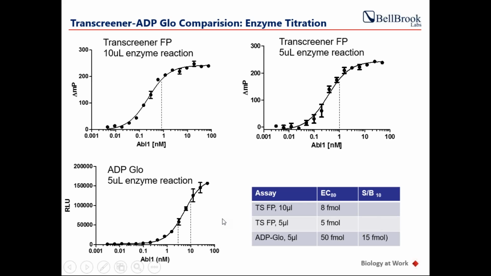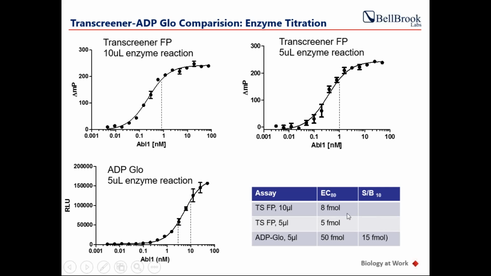In contrast, ADP Glow recommends using between 5 and 20 times the signal to background. Signal to background ratios aren't really relevant for a polarization-based assay, so we don't use that parameter. And so I've marked both those for their assay. This is the EC80 concentration, which is where we would recommend. This is at 10 times the signal to background, which is right in the middle of what they recommend.